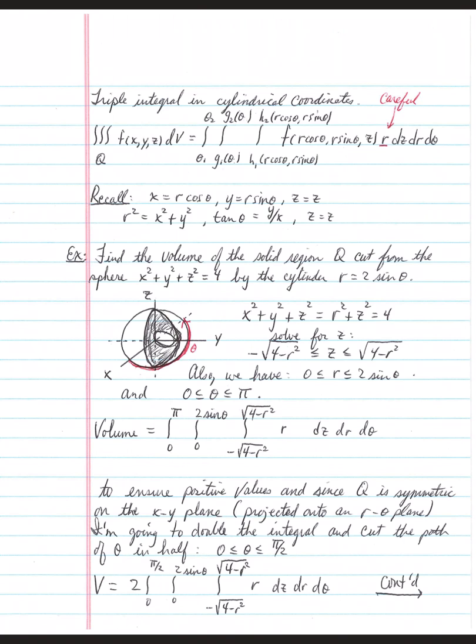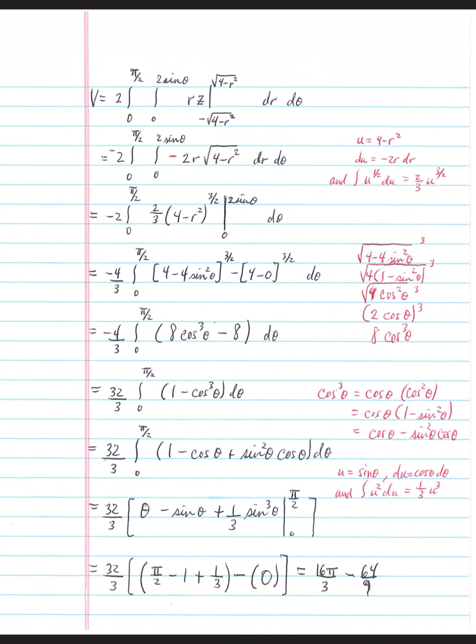I'm going to double the integral, but I'm going to cut that theta in half. So instead of from 0 to pi, I'm going to go 0 to pi over 2, only looking at that much. But as long as I double it, it covers the same ground. The rest of the integral stays the same.